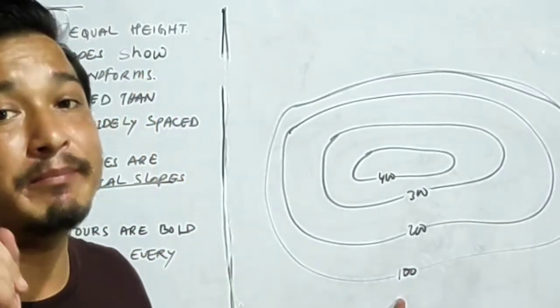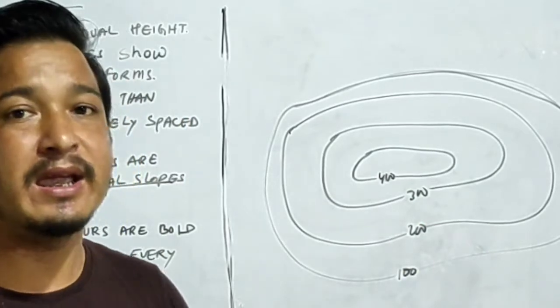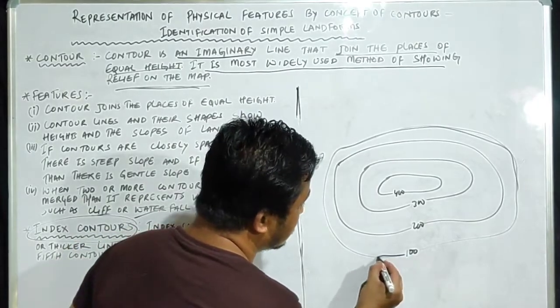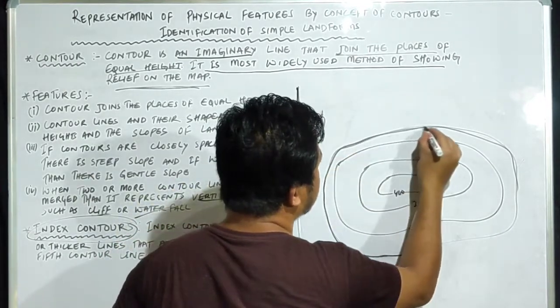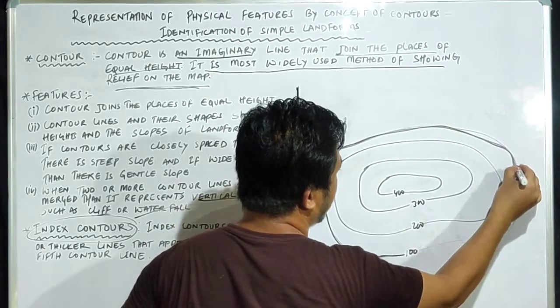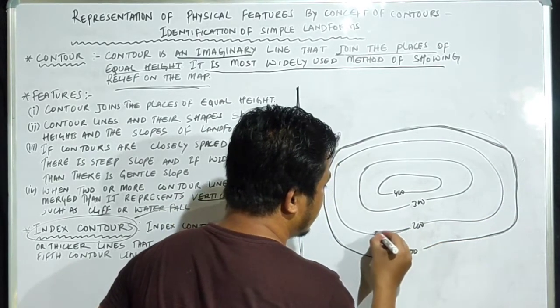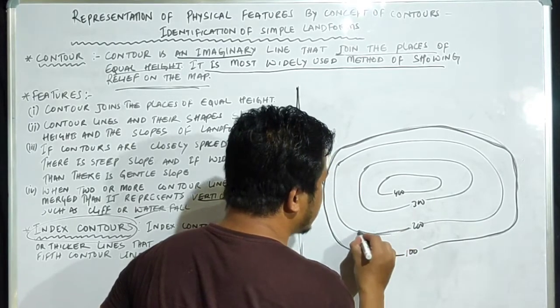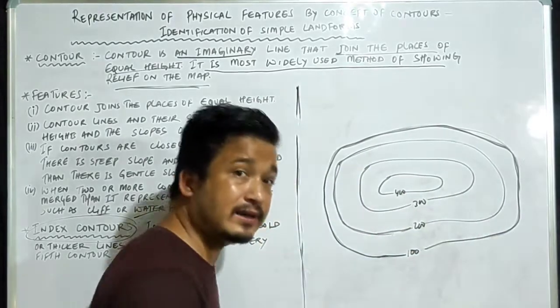It is only in meters. It is not written here as m, but you have to understand that it is in meters. In every contour line a number is written, and that number is the height of the places joined by that contour line.